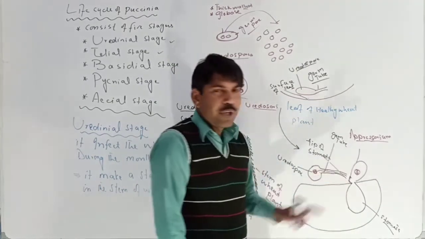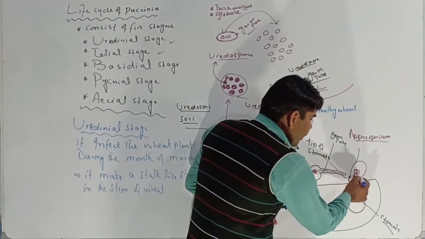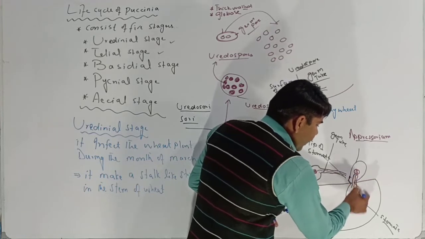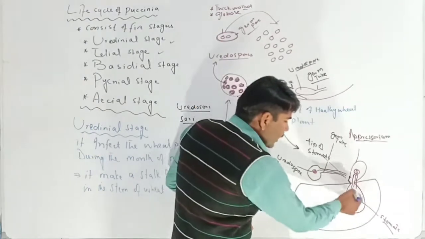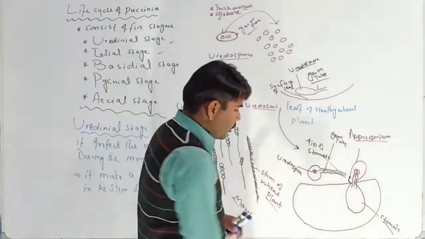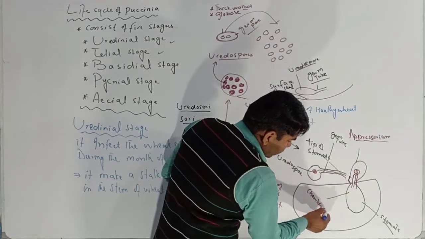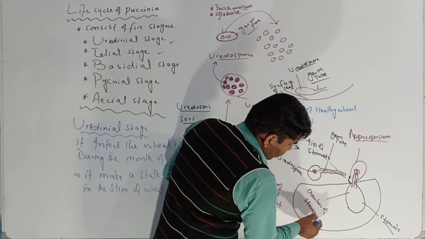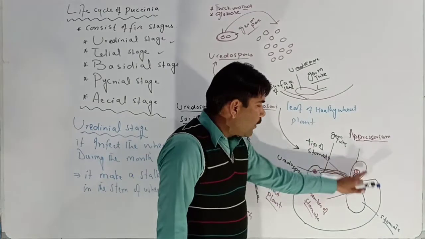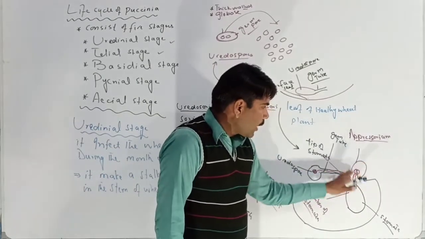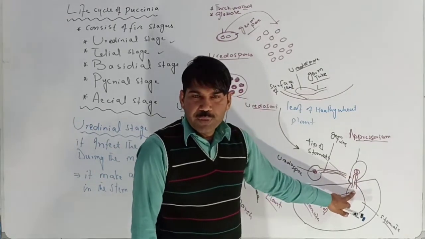When the appressorium is formed, it produces fine tubes, and these fine tubes move toward the chamber of the stoma, because this whole portion is the substomatal chamber. The appressorium produces fine tubes inside the chamber of the stoma.